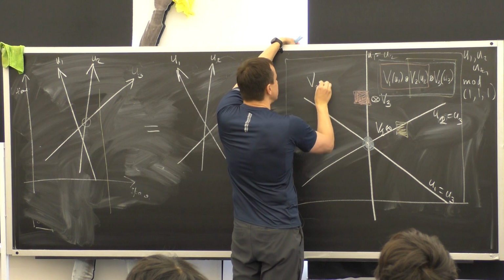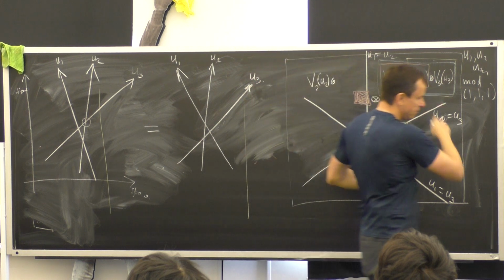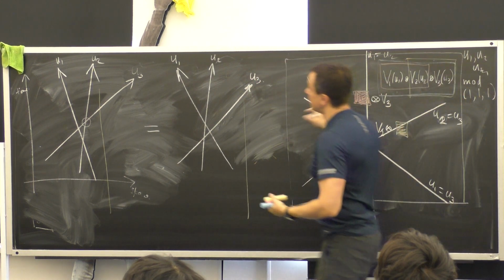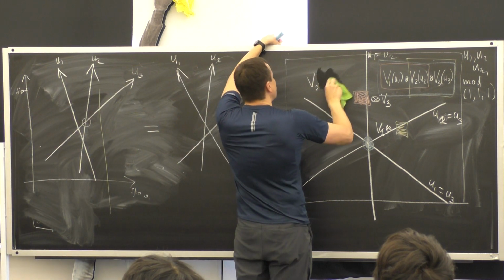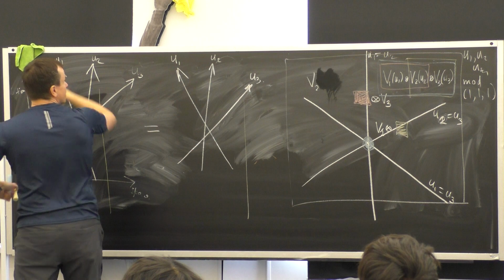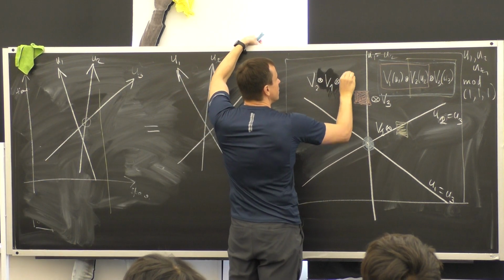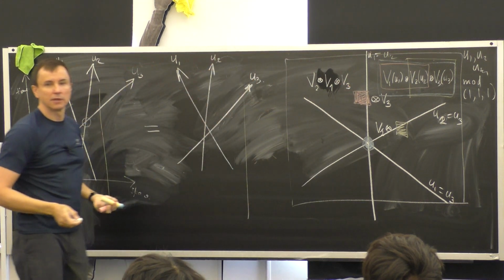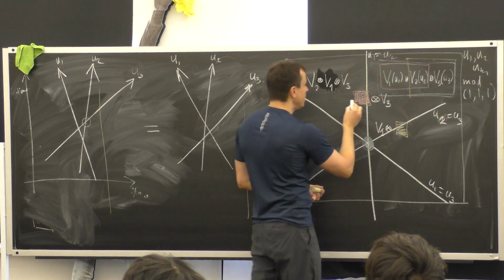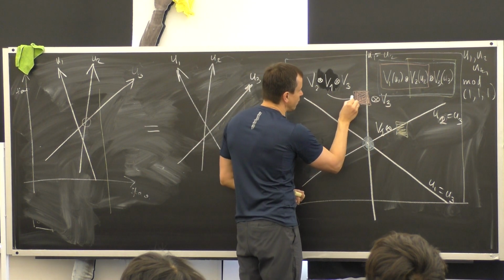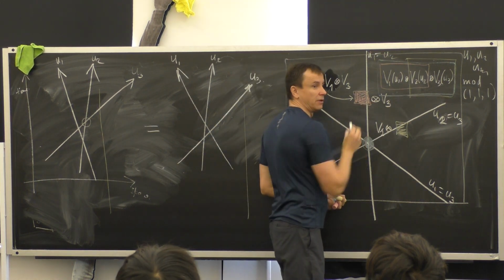And then instead of crossing, so maybe U2, I won't have space for spectral variables, I'll just write them in a different order: V2, V1, V3. Instead of going from here to there, you first go to the wall, and then you go off the wall.